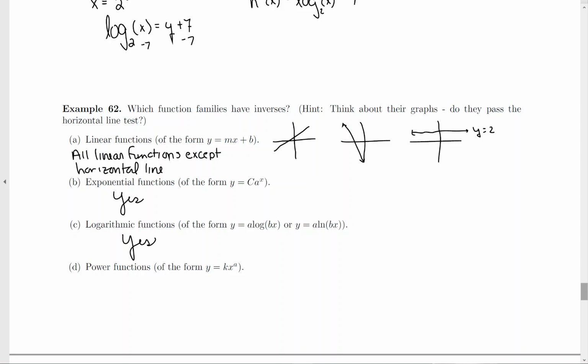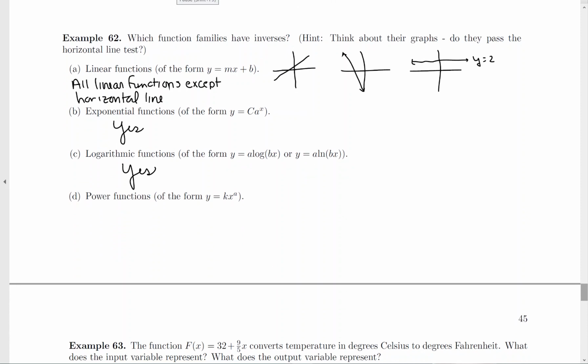Power functions, though, you've got to watch out for. Think about some of your power functions. We had the spaghetti strand. That will pass the horizontal line test. And that spaghetti strand is an odd power, so that's cool. But if it's an even power, where it has y-axis symmetry, then that's going to fail the horizontal line test.